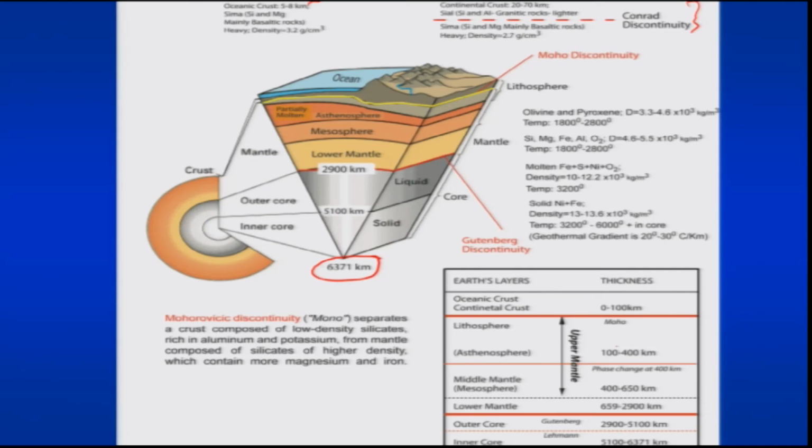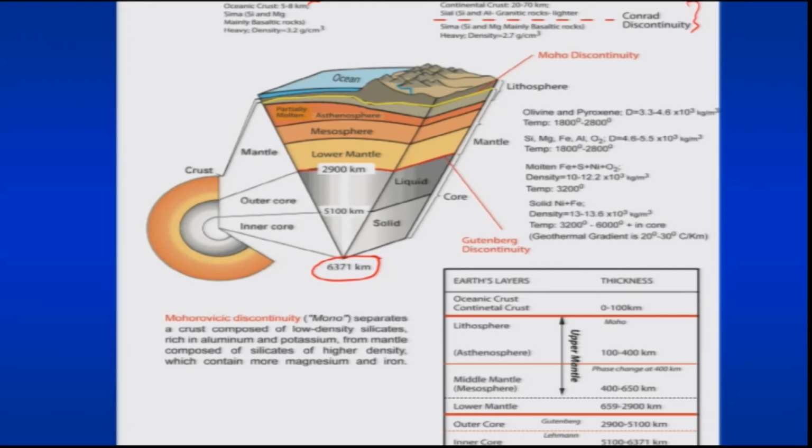This layer is responsible for generating convection currents within the layer because of the heat flow, and this is responsible for the movement of the plates, the continental or oceanic crust on the surface.